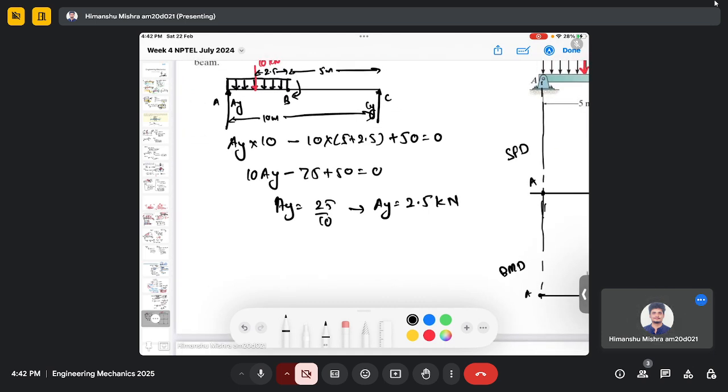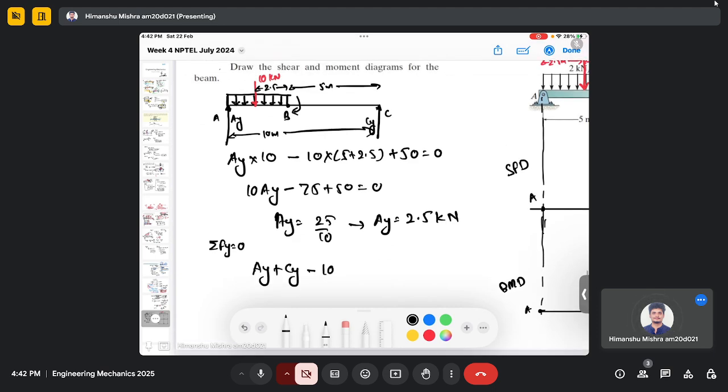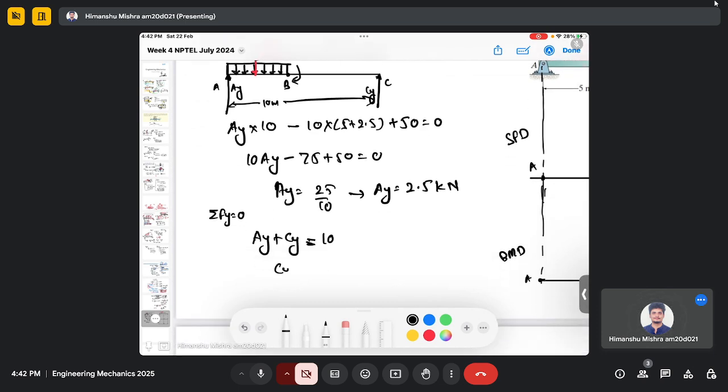And from the vertical force balance analysis, I will have AY plus CY minus 10, which I can write equals to 10. So CY equals 10 minus AY, which will give me CY as 7.5 kilonewton.